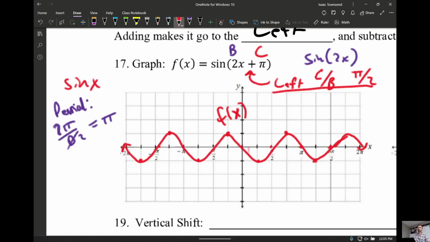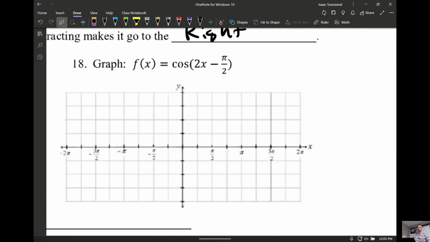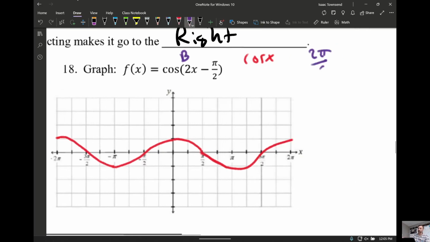So to say that one more time, question 18. If I had to graph all of this, I would first lightly sketch what cosine looks like. Because b is not 1, the period is not going to be 2 pi. It's going to be pi. If b is 2, then the period is pi.